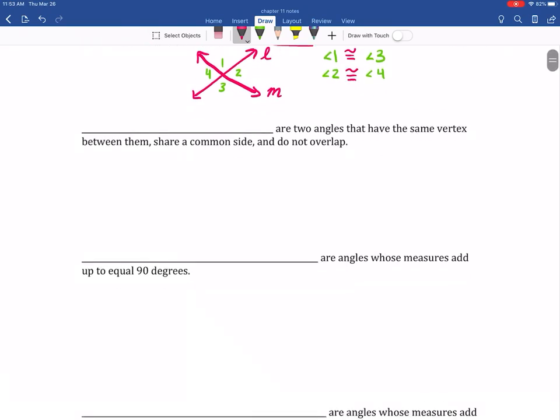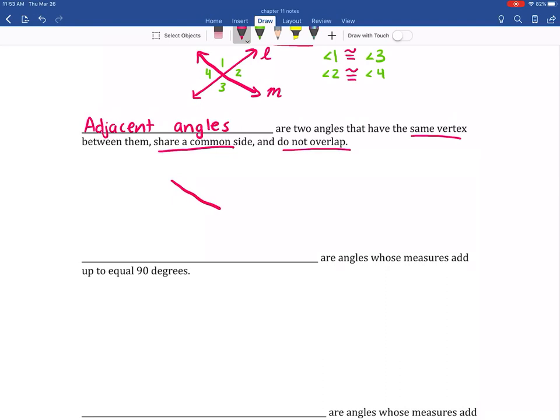The second pair we have are called adjacent angles. And adjacent is just a fancy word for next to. So adjacent angles are two angles that have the same vertex between them, and they share a common side, but there's no overlap.